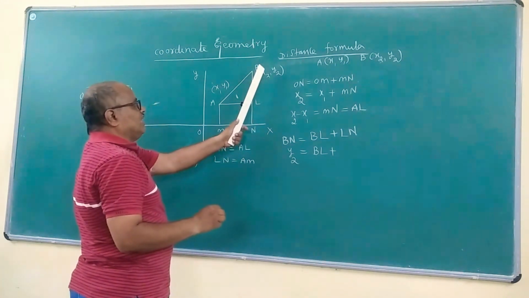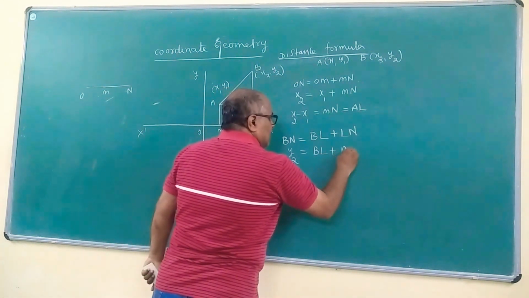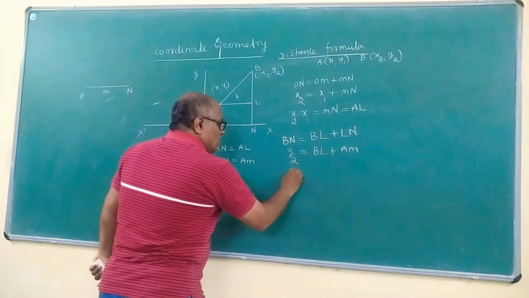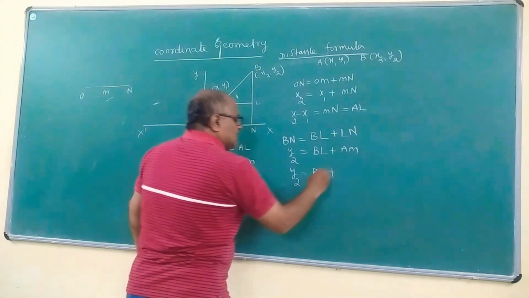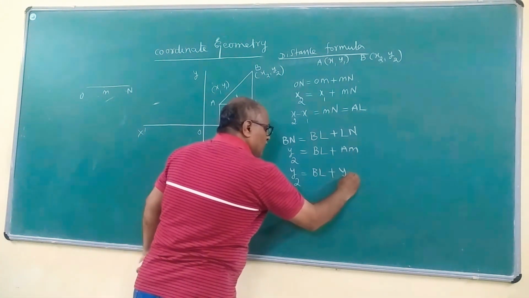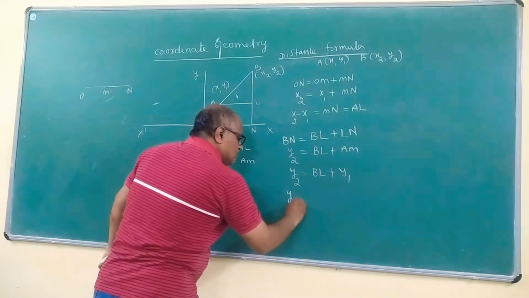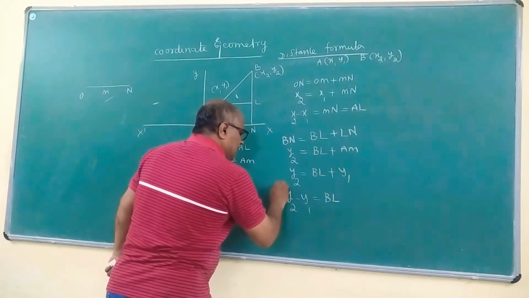LN, you know what LN is. LN is nothing but AM. So y2 is equal to BL plus AM. What is AM? y1. y2 minus y1 is equal to BL.